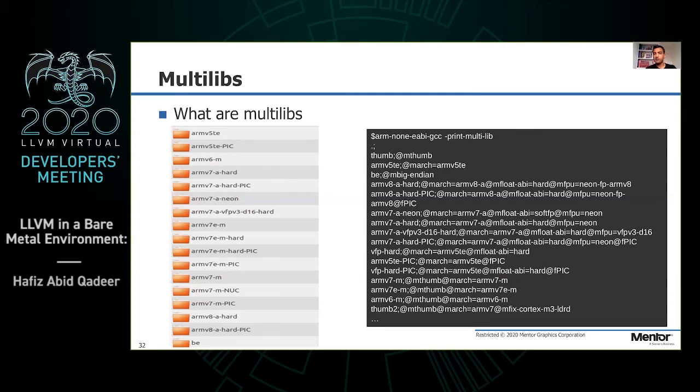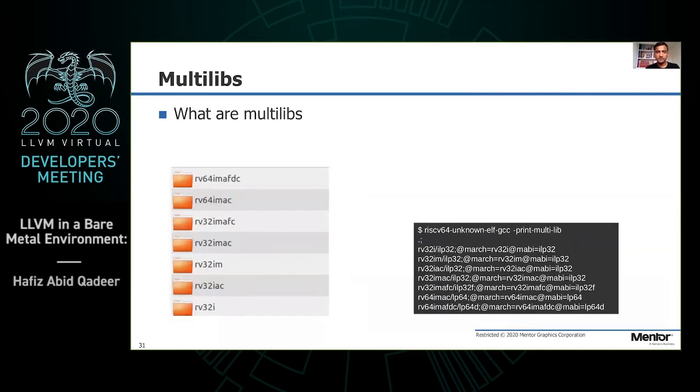You see that first it prints the name of the directory, and then it prints the switches that were used to build the runtime for that specific configuration. So you can see that there are a lot of different options and a lot of different directories where those multilibs are placed.